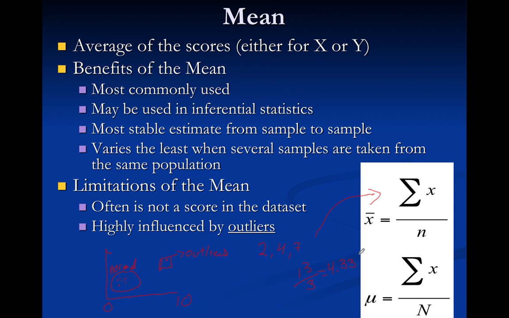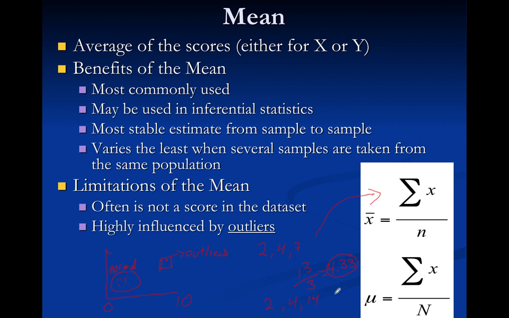Now in this particular case, 4.33 is my average. You'll notice that it's somewhat similar to all these other numbers. But now what we're going to do is change this 7 to a 14. So 2, 4, and a 14.